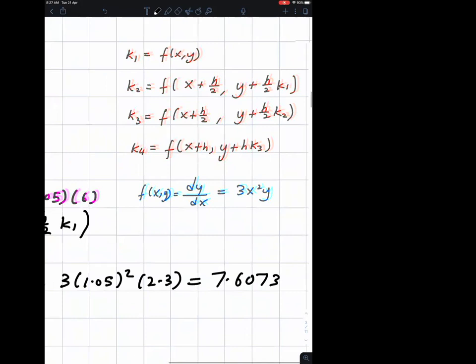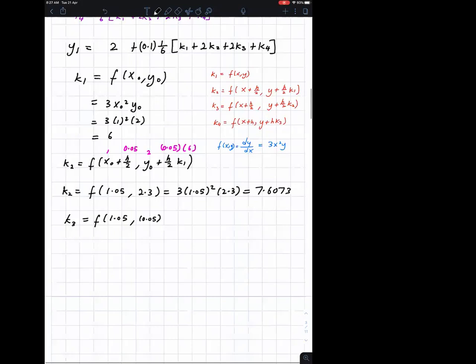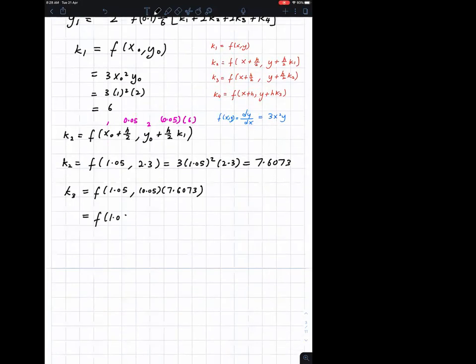H over 2 is 0.05 times K2, which is 7.6073. So that's going to be f(1.05, 7.6073 multiplied by 0.05), which is 2.38.